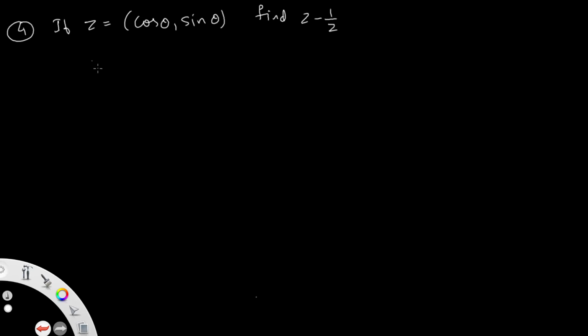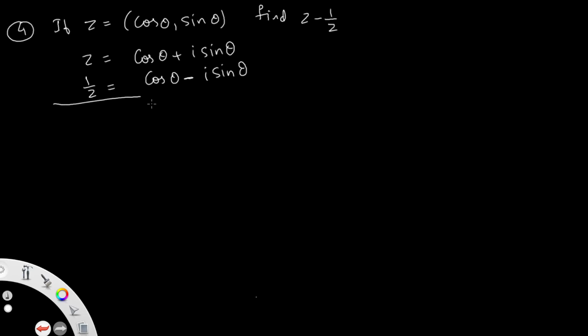That means if it is in point form, every complex number as a point, then we have to write it here as cos theta plus, in the complex form, i sin theta. Then 1 by z means its reciprocal. Reciprocal means conjugate, that is cos theta minus i sin theta. In the question, z minus 1 by z is given, so subtract means minus becomes plus. The cos theta will be cancelled, then you get 2i sin theta. That's all. This is the value for z minus 1 by z.